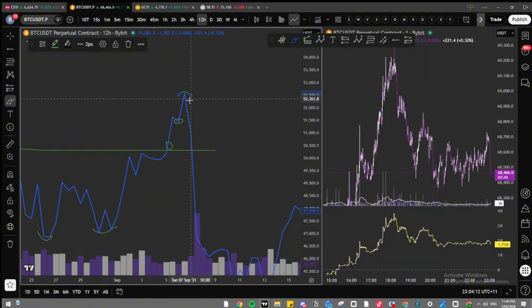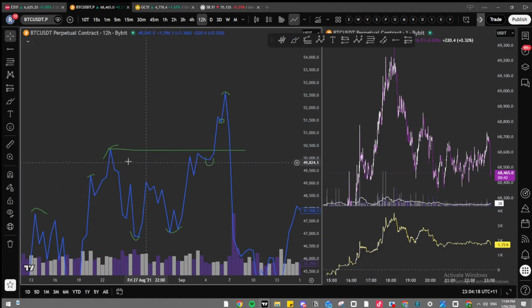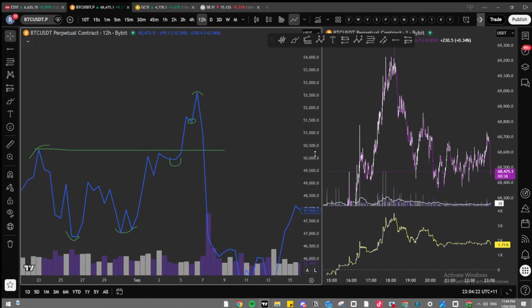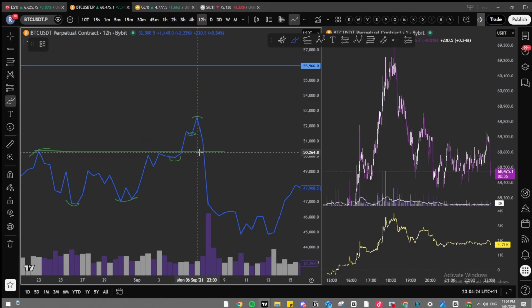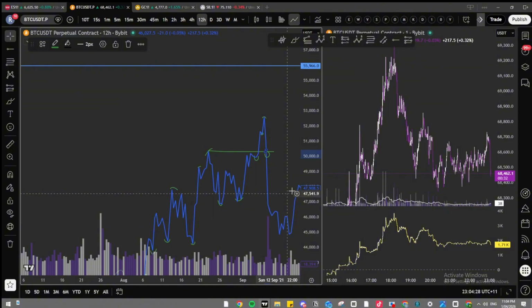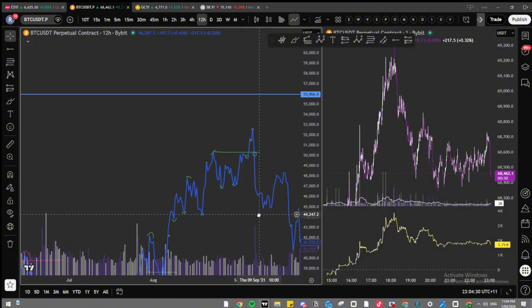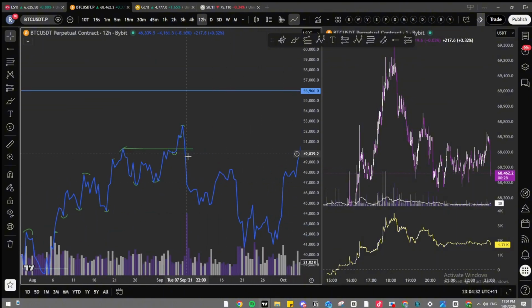We'll make another higher high, and as we can see here, this is the last higher low before we break up. So this becomes a very important higher low, and as soon as we lost that higher low with aggression, we now started a new downtrend. Okay. And then as we can see, we put in a lower low, which is lower than these lows, which is very significant.